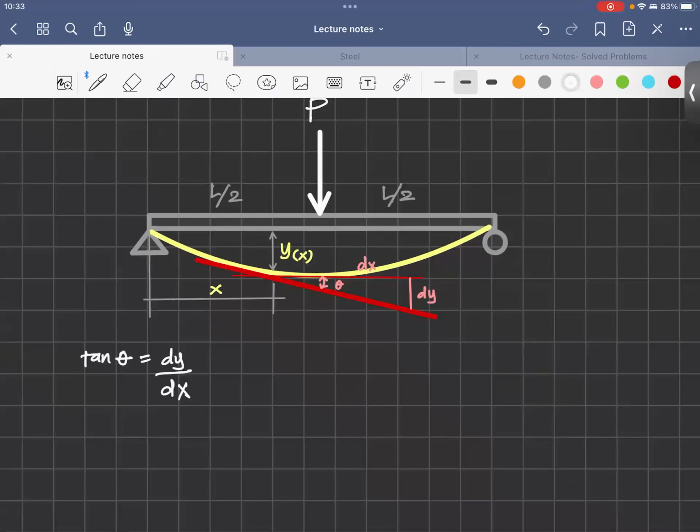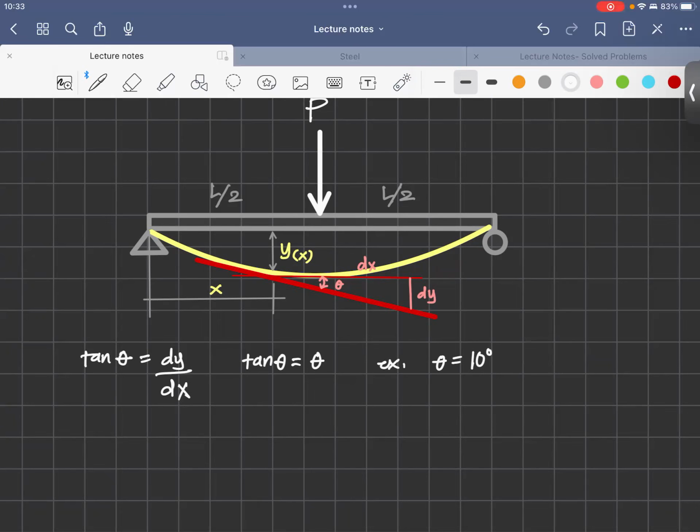Most probably the angles we get are just 5 degrees, 10 degrees, etc. Now, for an angle that is small, tangent theta is just equal to theta. We can say that tangent theta is equivalent to your theta. For example, let's show it. If you have a theta equal to, say, 10 degrees, let's just get the calculator.